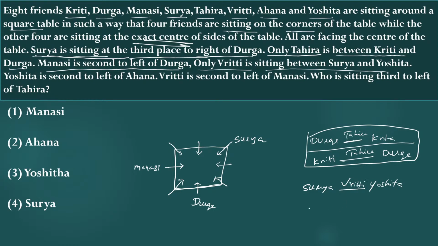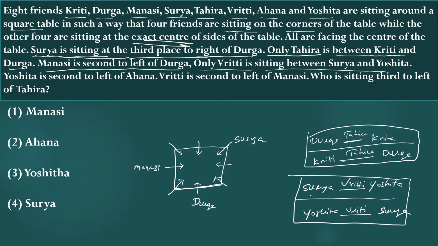So, here also we get two possibilities, that is Yoshita, Vritti, Surya. We have two possibilities for this statement also. Next, Yoshita is second to the left of Ahana. Just remember this point.